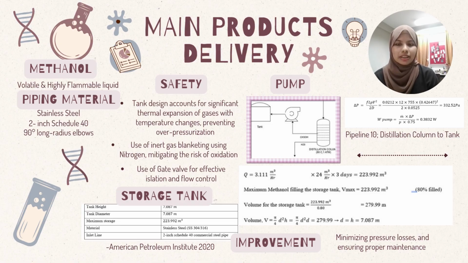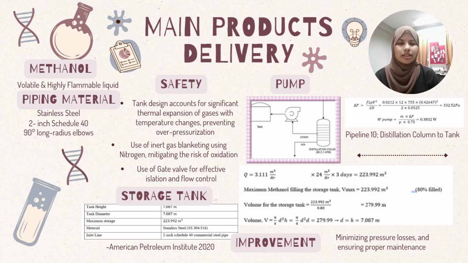And then for the storage tank details, we need to first calculate the pump work. We calculate the work for our pump using the formula with the molar flow rate, the pressure drop, and the density of our methanol, which is around 755. And then we choose to use an efficiency of 75%.